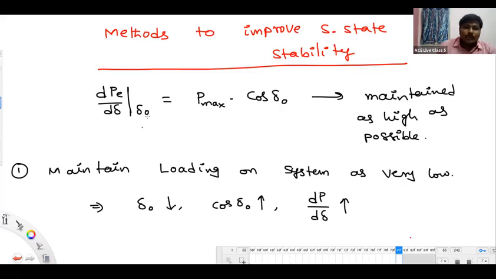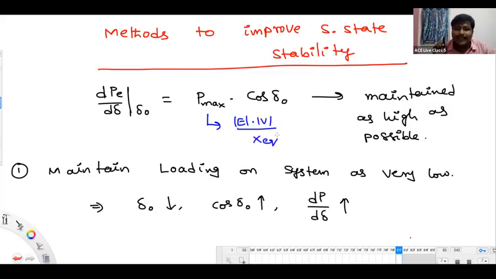Second option, to have a high value of dP by d delta, maintain a high value of P maximum. What is the P maximum equation? Mod E into mod V by X equivalent.